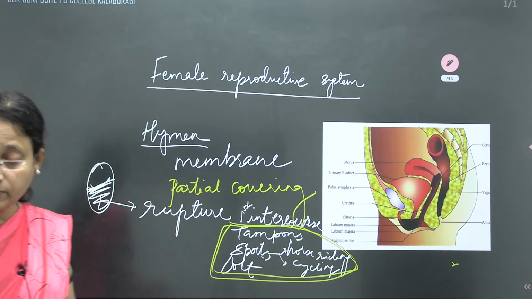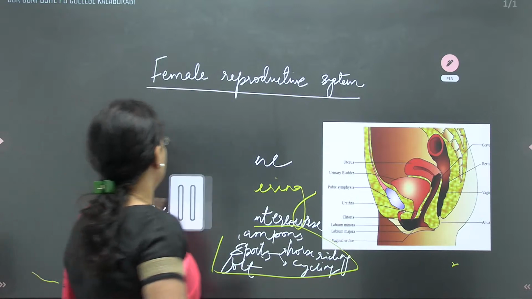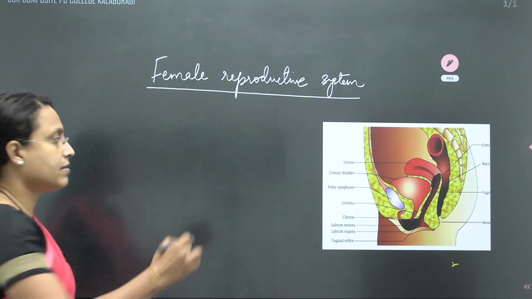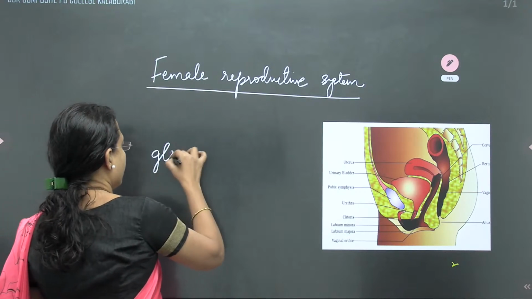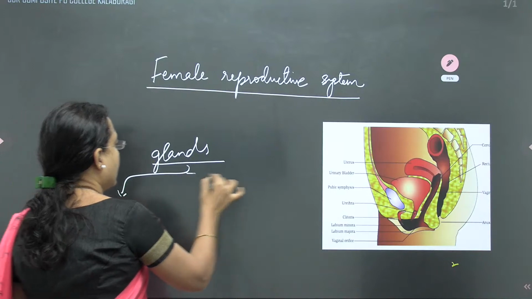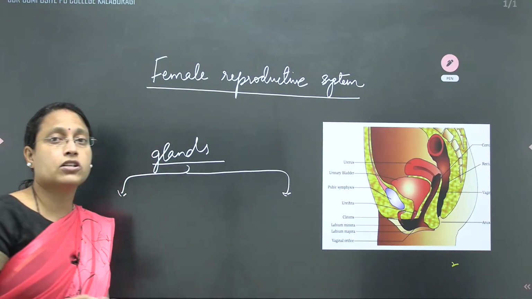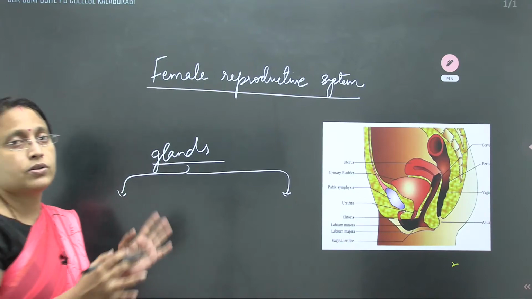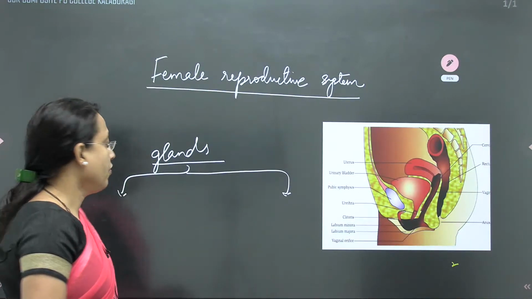Now here there are some accessory glands present in the female reproductive system. The glands present in the female external genitalia, especially not the entire reproductive system, but confined to the external genitalia of the female.